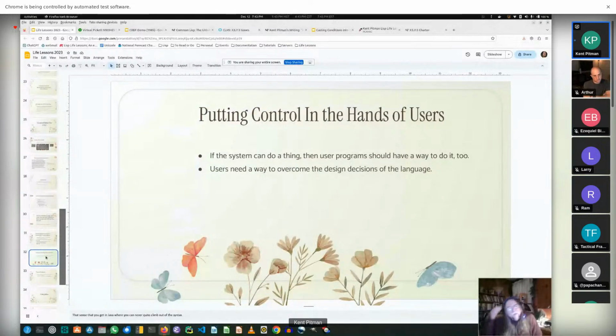And another thing, and this goes a little bit to the question of should there be more standards, is that we tried to put control in the hands of users. If the system can do a thing, we wanted user programs to do that too. We weren't perfect about that.